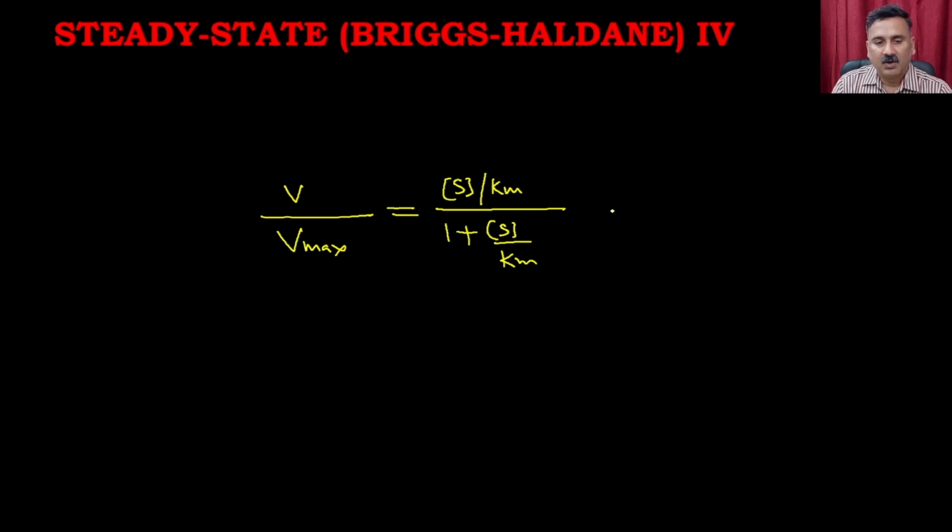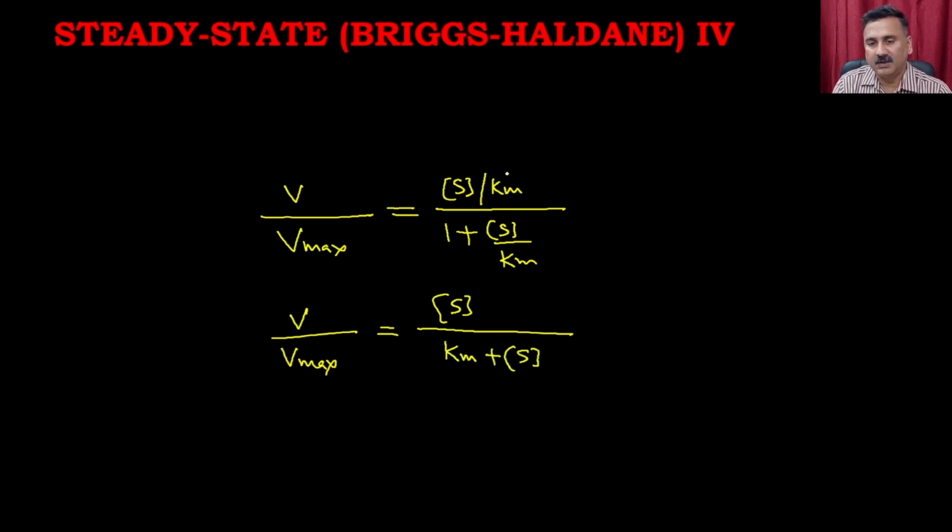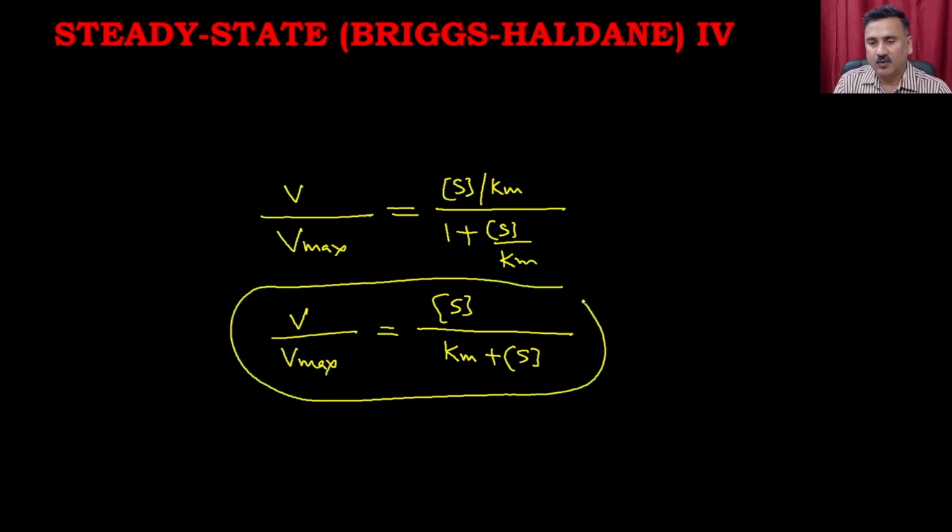Okay, or you can write it like this: V by V max is equal to S divided by Km plus S. Okay, because you can bring this down, and if you rearrange, it is going to give you this. Okay, and this is a very important equation. Now you can imagine a situation when S is equivalent to the level of Km.